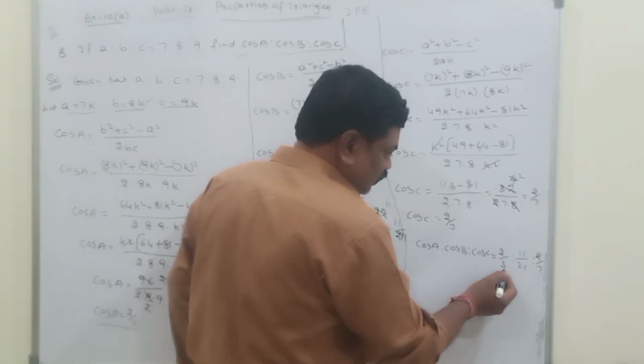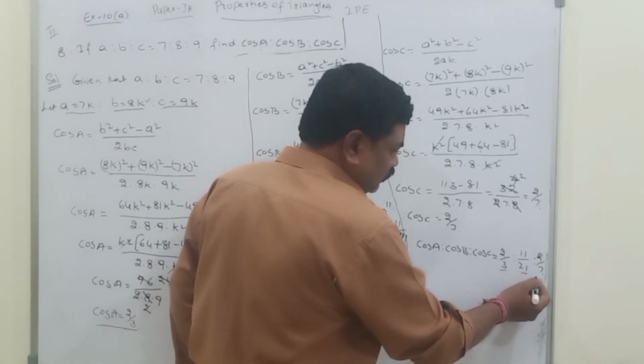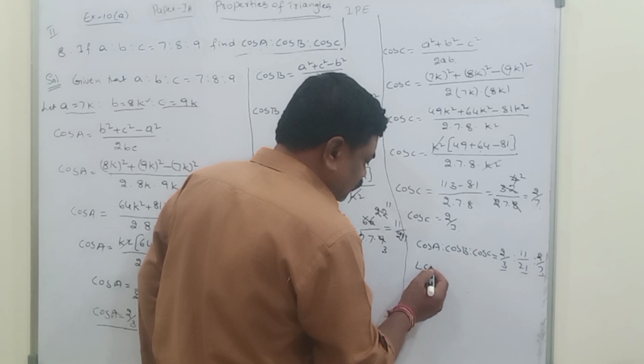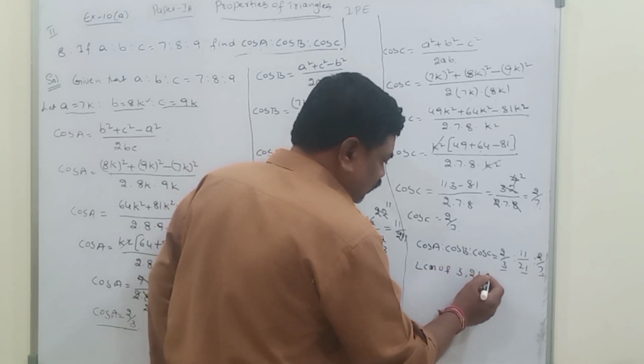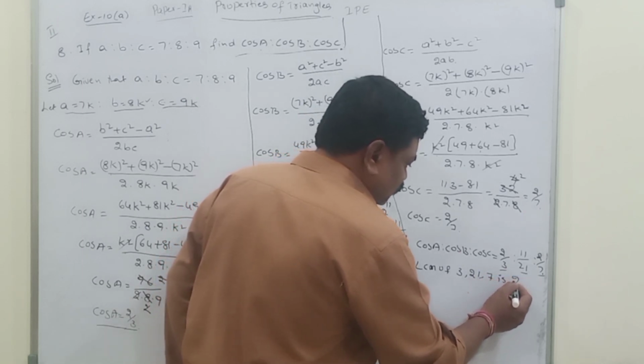You observe the denominators 3, 21, 7. So the LCM of 3, 21, 7 is 21.